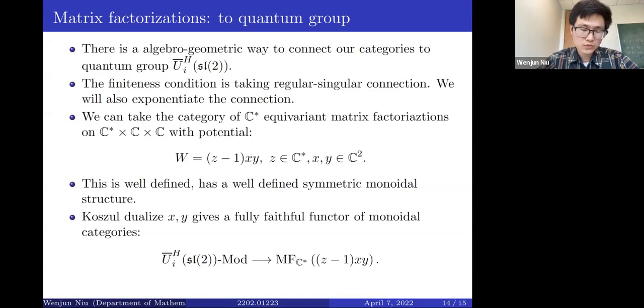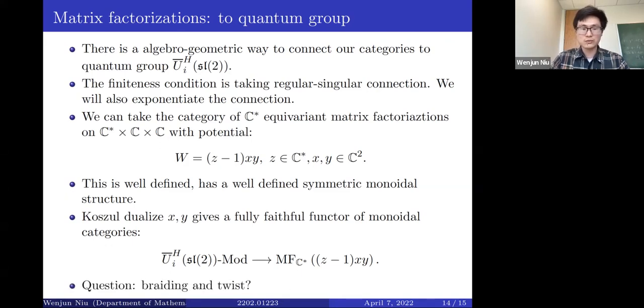My hope was that this will give me a way to connect quantum groups to all these big VOA categories that we have been considering. But again, this is only a first step towards that. The question I have that I don't know how to understand is how to translate braiding and twist from one side to the other.